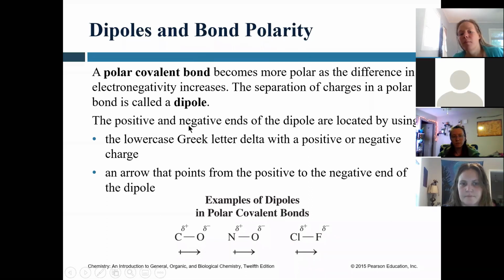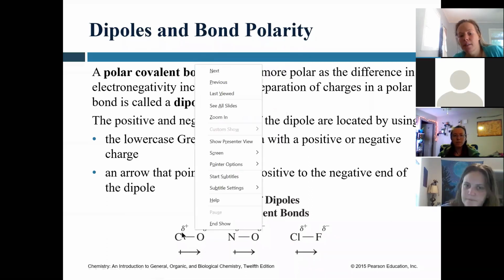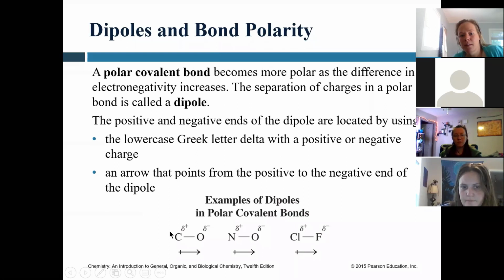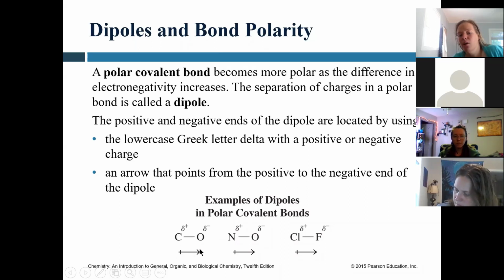The positive and negative ends of the dipoles, we use this lowercase delta symbol, and it'll have a positive and a negative. A lot of times you'll see an arrow written underneath it or next to the bond to symbolize the direction that the electrons are shifting to. So it'll move from the positive to the negative side.